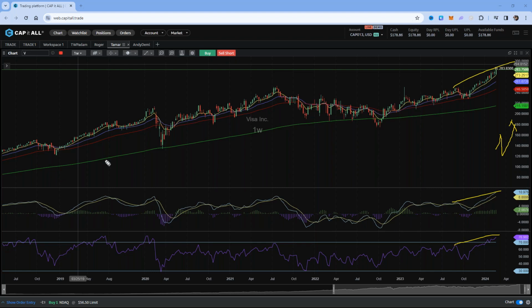This is an example where we were overbought, and the RSI did drop, but in this case, we didn't really pull back much. Possibly back to the 21, around 260, is possible. But right now we have not even turned down, so I would wait for this to at least turn down.